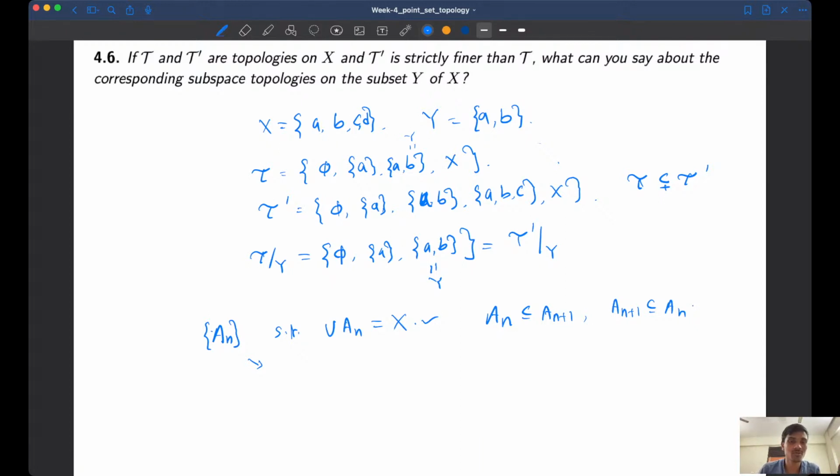And another thing: even if you start with this A_n as a subbasis, the topology you get is exactly the same.